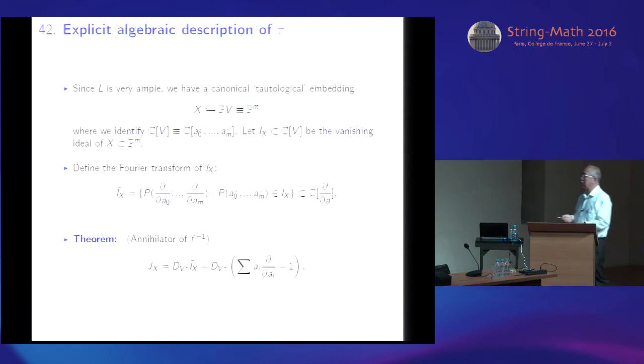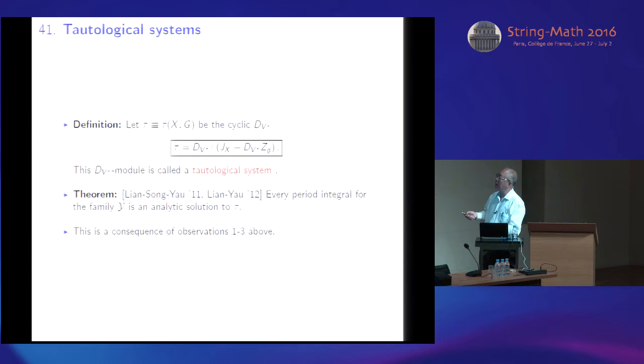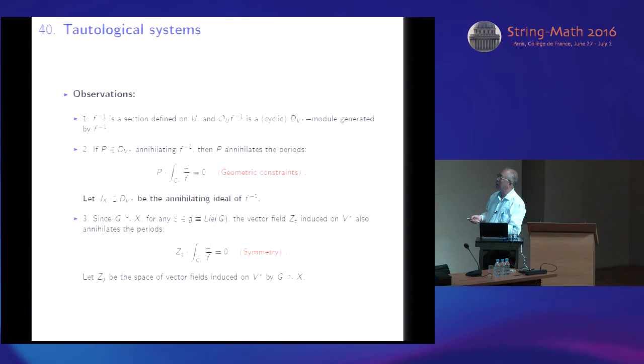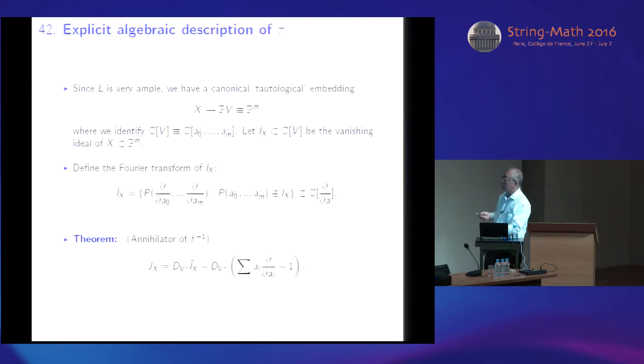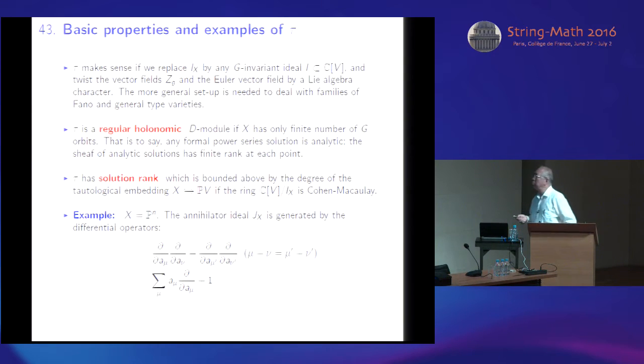So this is an annihilator of F inverse that we had before, the J_X. J_X was defined here, the annihilating ideal of F inverse. So we now understand how to calculate this J_X by using this embedding. If we know the embedding explicitly, we can calculate I_X explicitly, and we can calculate this explicitly, of course.